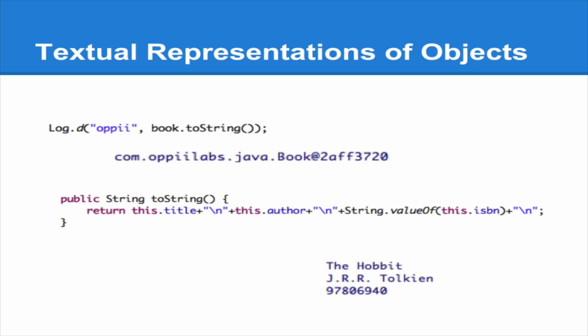When I override the toString method, I can define what's going to get printed when I try and print a variable to logcat. In this example, I've created a special method called toString which overrides the default one as part of the superclass. As you can see, toString doesn't take any parameters, but it returns a string.